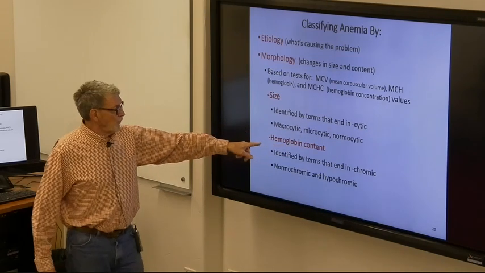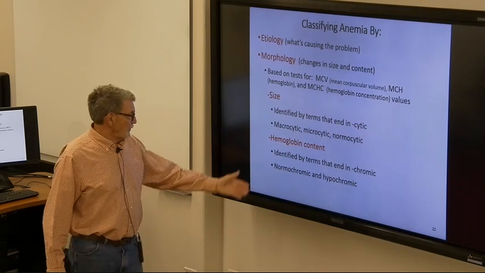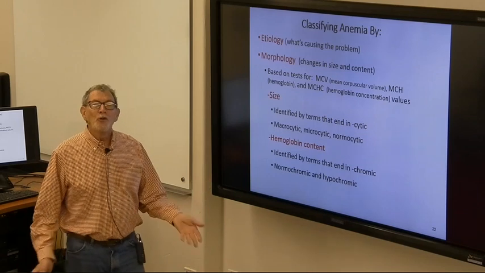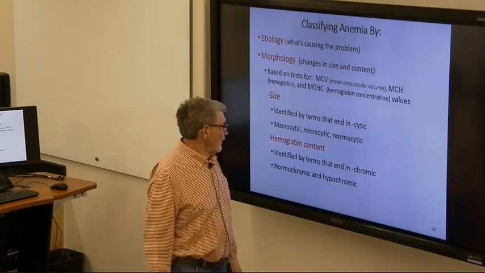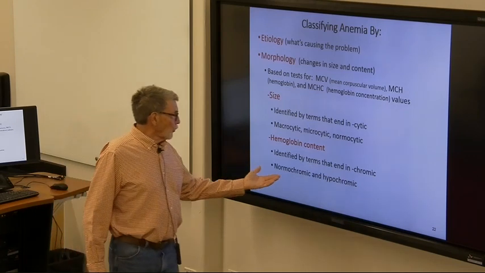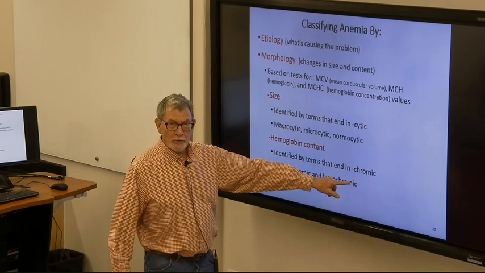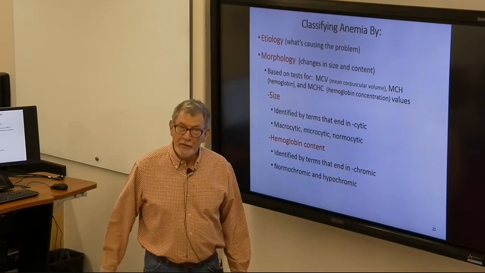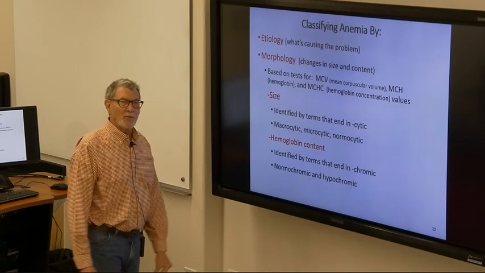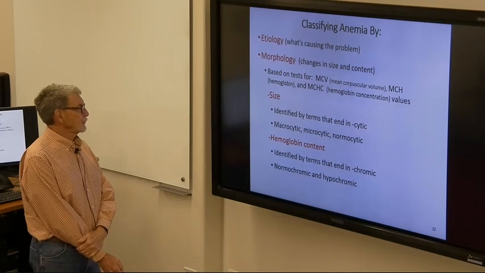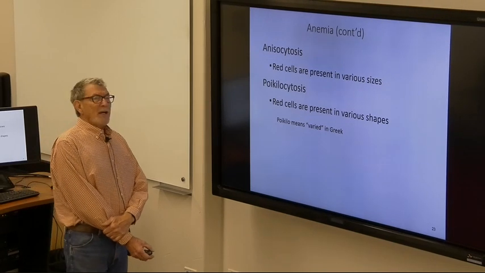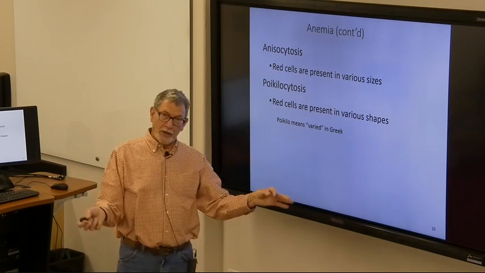Or they can have hemoglobin content that's either normal or too low. Not really too much hemoglobin is common, although you can have too much iron. But normochromic, chrome means color, and hemoglobin makes blood red. So normochromic, hypochromic means they're kind of faded out. They don't have enough hemoglobin. Or they can be shaped funny, like sickle cell anemia.